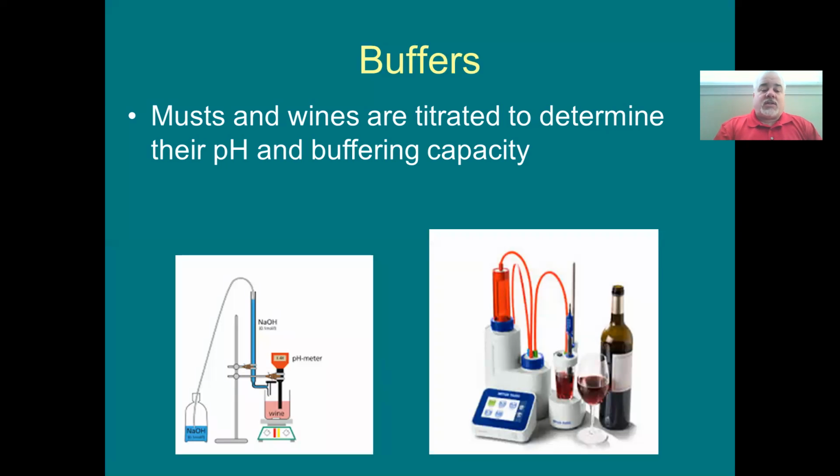And I can do this either with a manual setup like in this illustration, or here is a very modest machine, one of the lesser expensive setups, a small one that you can buy to automate the process in a winemaker's lab.